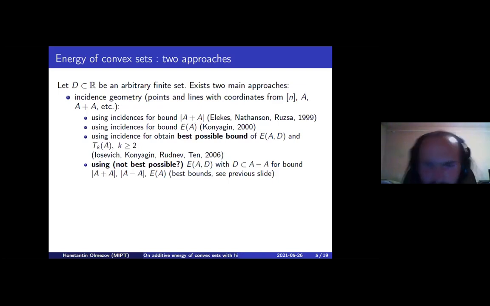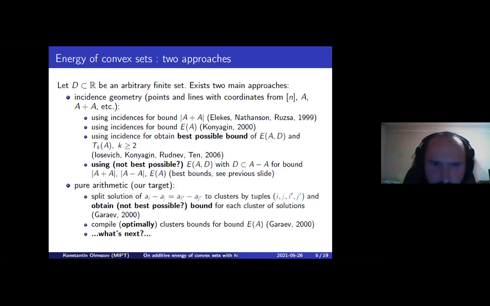We will not talk about it today. However, it is a very powerful approach, and we can obtain very strong bounds from it.